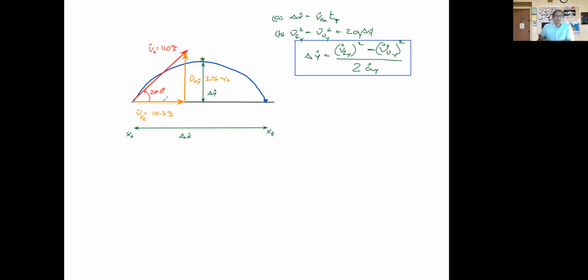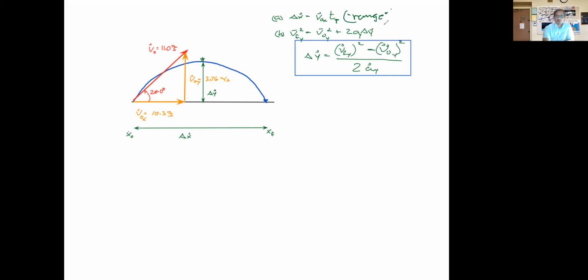All right, in this problem we were asked to find the total horizontal distance. This, remember, is what we refer to as the range. So this is the range right here. That's what they're asking us to solve for. The term range means horizontal distance, delta x.